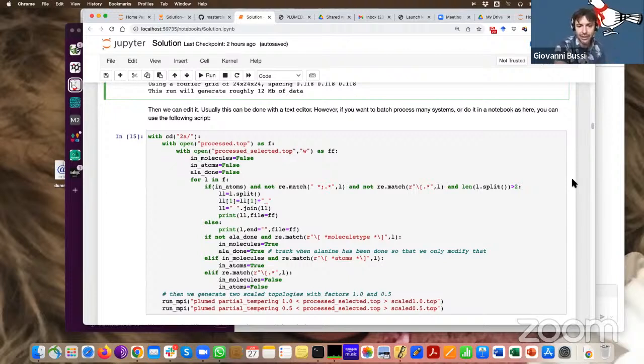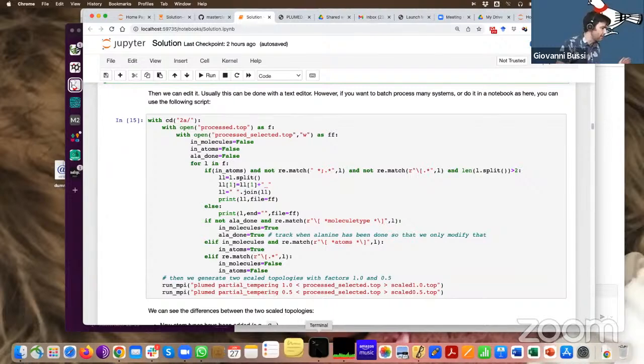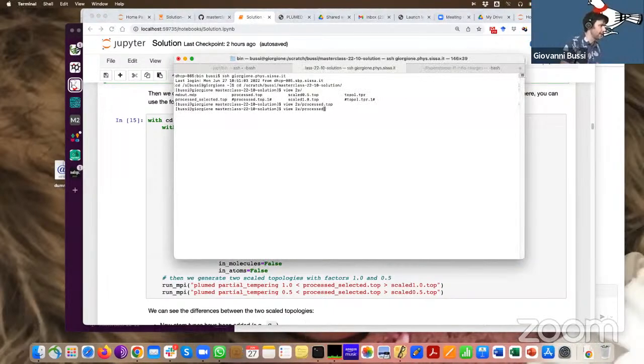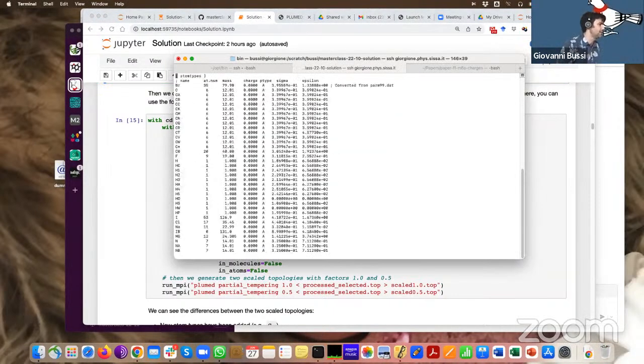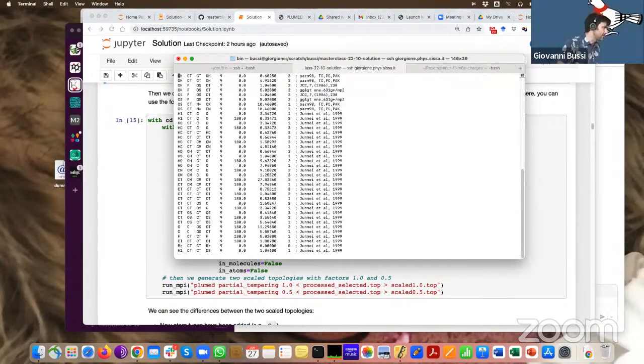So if you have a protein with 100 residues, you can select 4 of them, let's say, or 10 of them. Here I was scaling the full solute, and so I was also preparing a script to be able to do it just from here. I don't know how robust this script is. Anyway, we can easily double check what happens, and I would really recommend doing this by hand, unless you have to do setups for tens of systems.